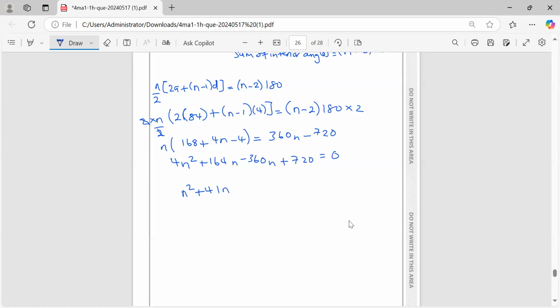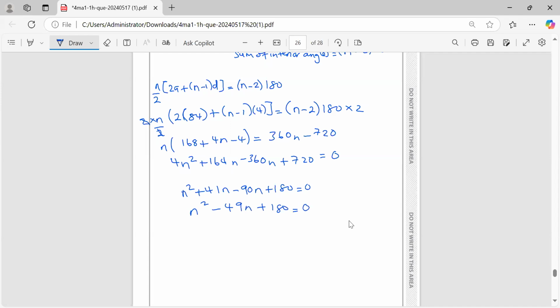And then 360 divided by 4, that's 90, so minus 90n, and then 720 divided by 4, that's 180. So plus 180 is equal to 0. So I now have n squared, and then 41 minus 90, I'll get negative 49n, and plus 180 is equal to 0, right?